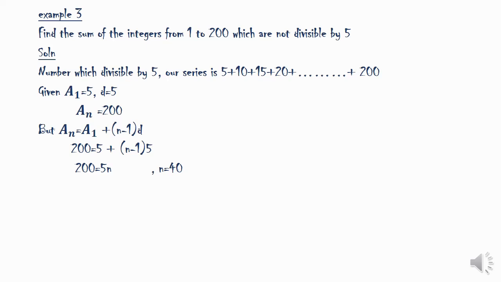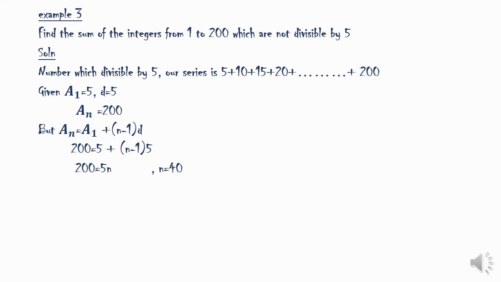Kwa hiyo ukifungua mabano 5 na 5 zitaisha, itabaki 5n. Divide by 5 both sides. When you divide by 5 both sides you will find that n is equal to 40 as you see there. Ukigawanya kwa 5 kila upande utagundua kwamba n ni sawa na 40.